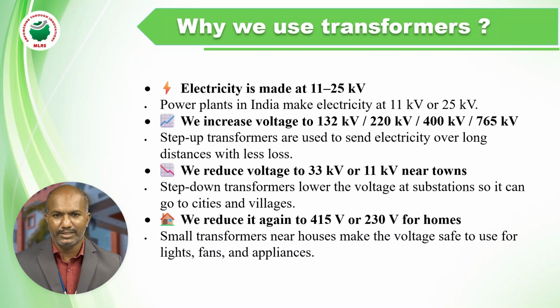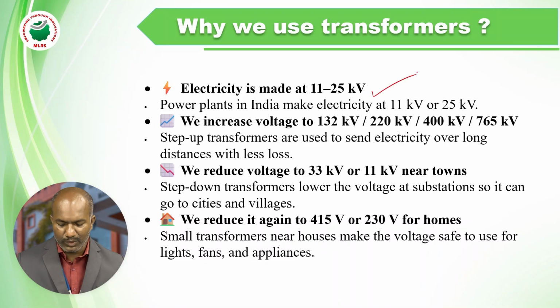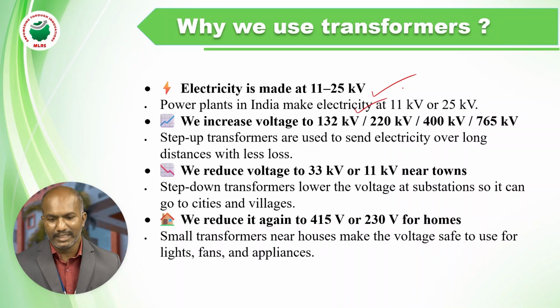Next, a general question: why are we using transformers? What is the need for transformers? See, electricity is available at 11 to 25 kV, where kV means kilovolts. In power plants in India, electricity is generally generated at 11 kV or 25 kV. So what are we going to do with this voltage?